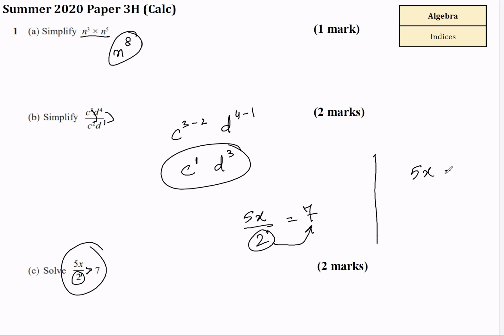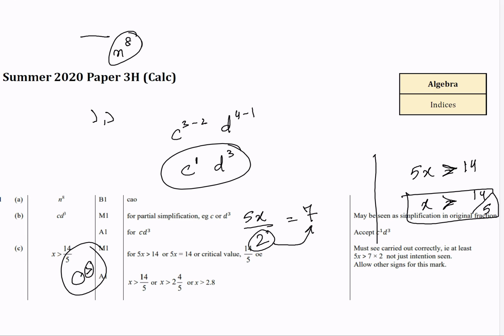So 5x equals 7 times 2, which is 14, and then x will be 14 over 5. This sign is not going to change. This sign is as it was written. So the value of x is greater than 14 over 5. That is the answer here.